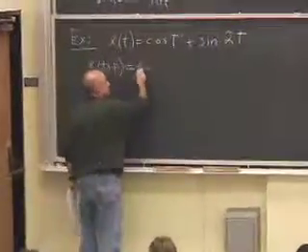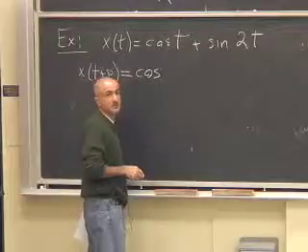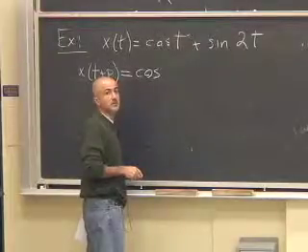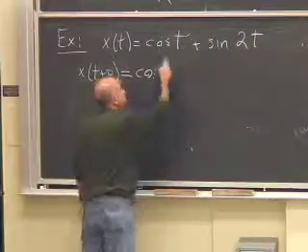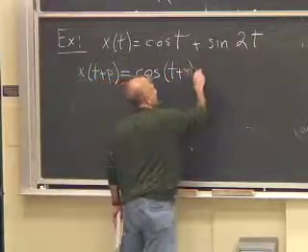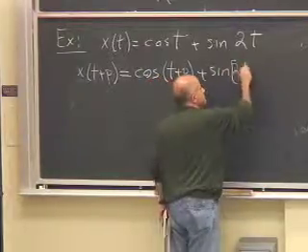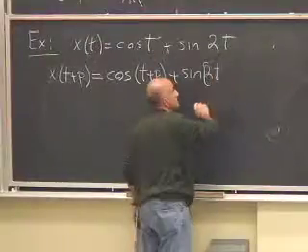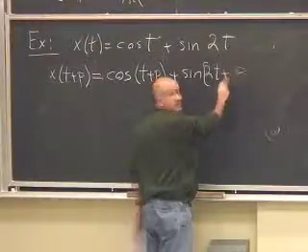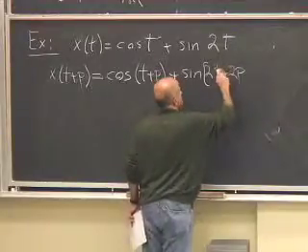So what is x of t plus p? What do I have to do on the right-hand side? I can't hear you. t plus p. Plus sine of what? 2t plus p or 2t? 2t plus p? 2p. Okay.